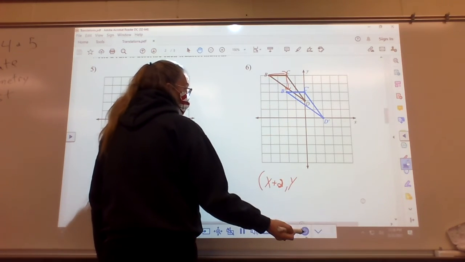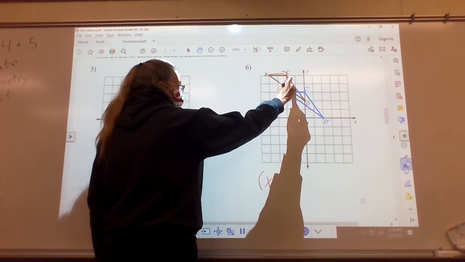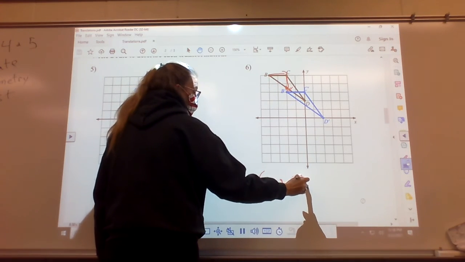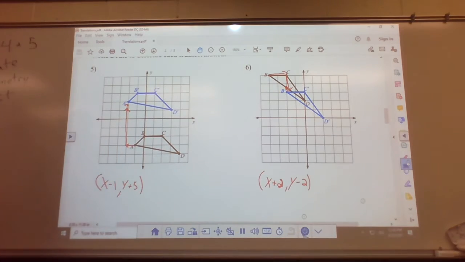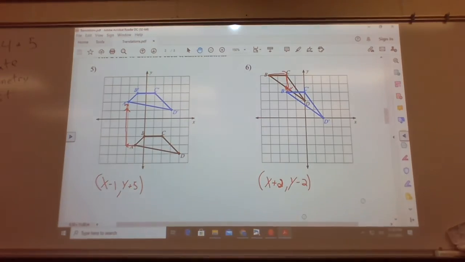What did the y do? I went that way, so minus 2. So x plus 2, y minus 2. Right and down. x plus 2, y minus 2. So like I said, these are the easiest ones. Or I should say the quickest ones. They're not necessarily easy, but they're quick.